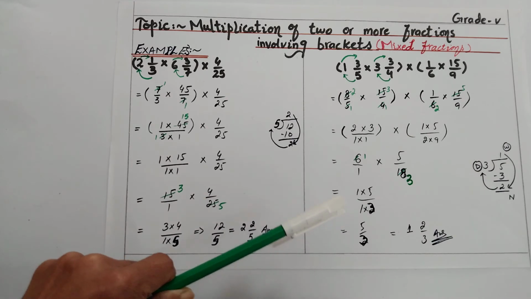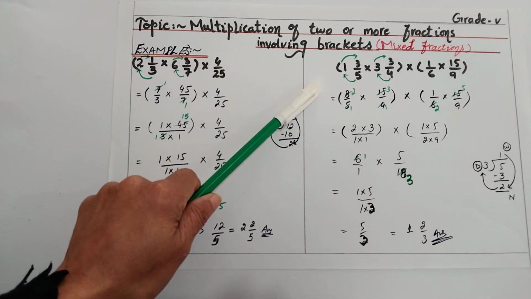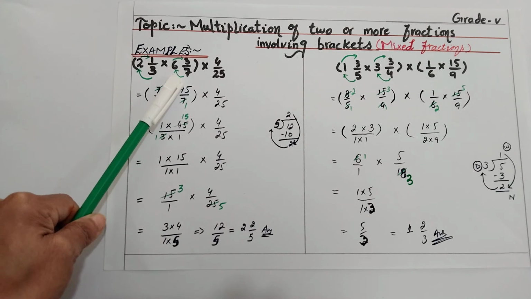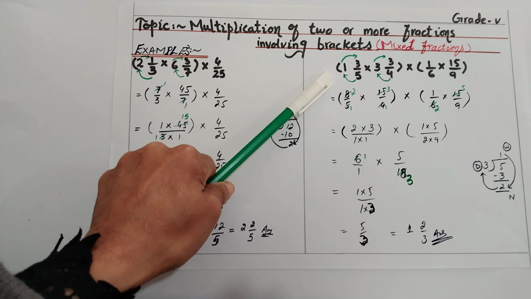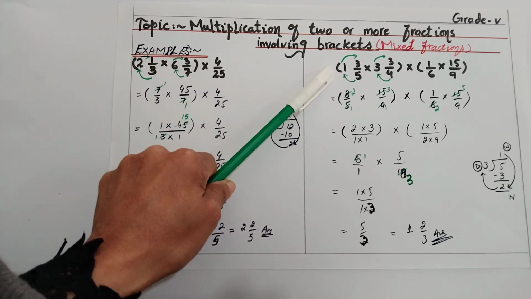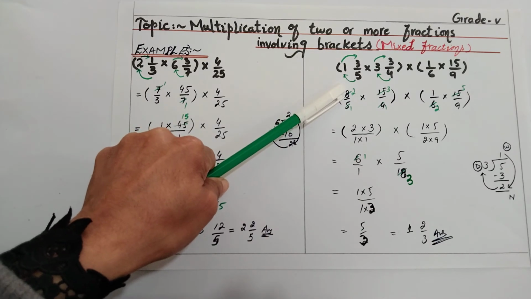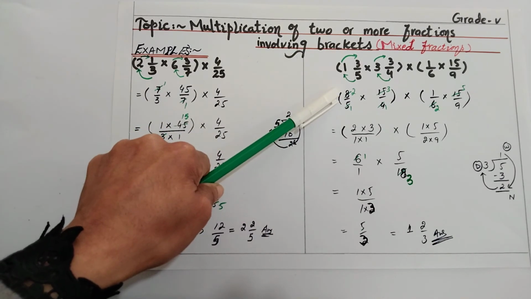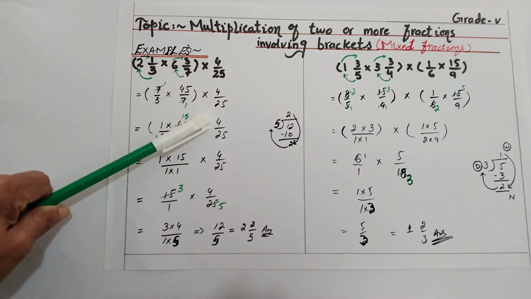Same with the second one. What was the difference between the first and second example? In the first one we have only one group, and in the second one we have two groups. So there is no difference for this one group or two groups. Just we have to simplify the mixed fractions, and then after the simplification of the mixed fraction we will follow the same procedure.